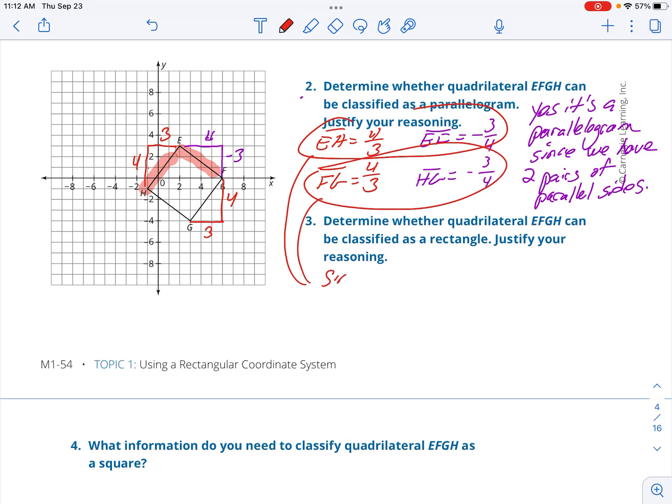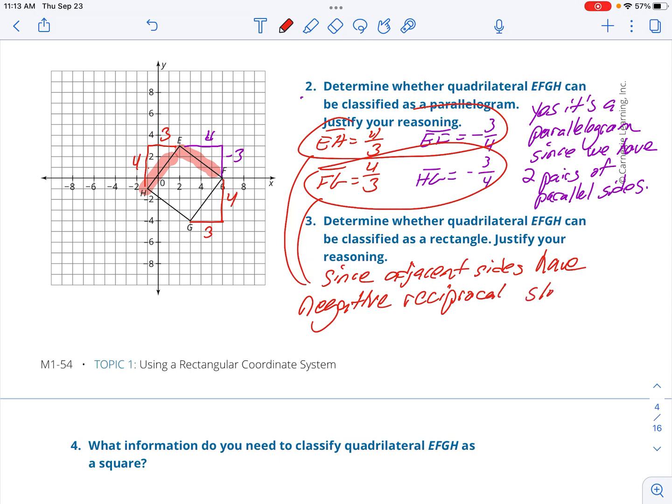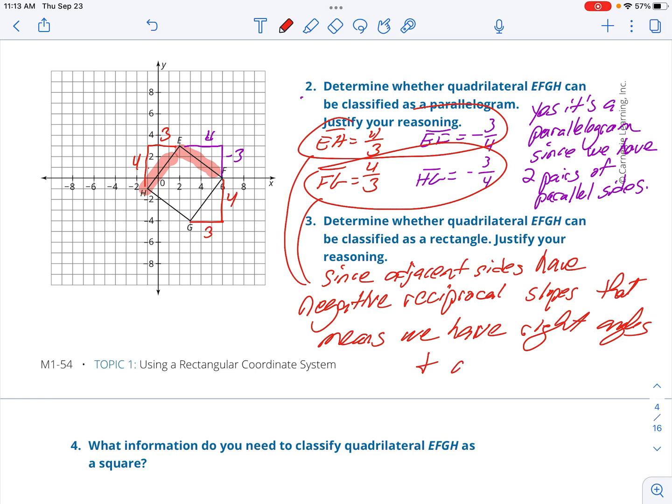So since adjacent sides have negative reciprocal slopes, that means we have right angles, and a rectangle.